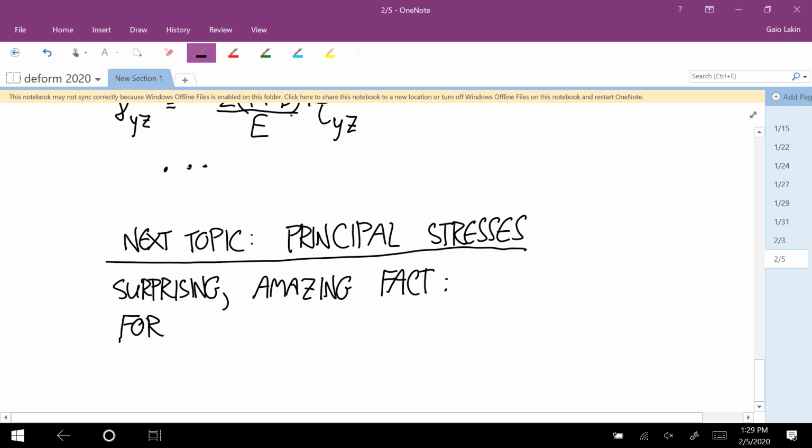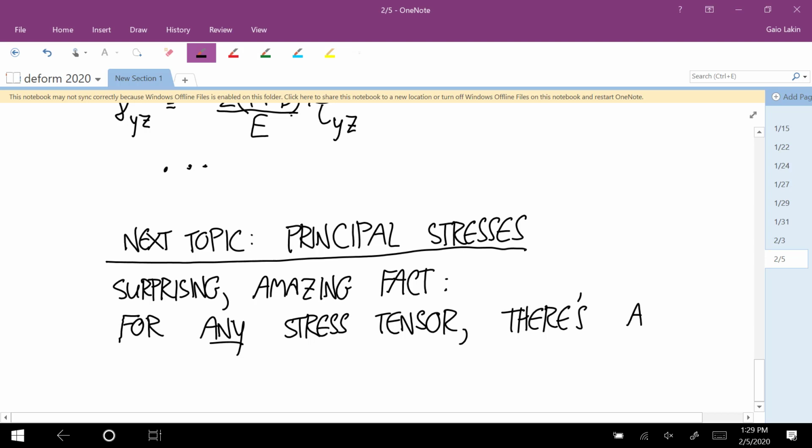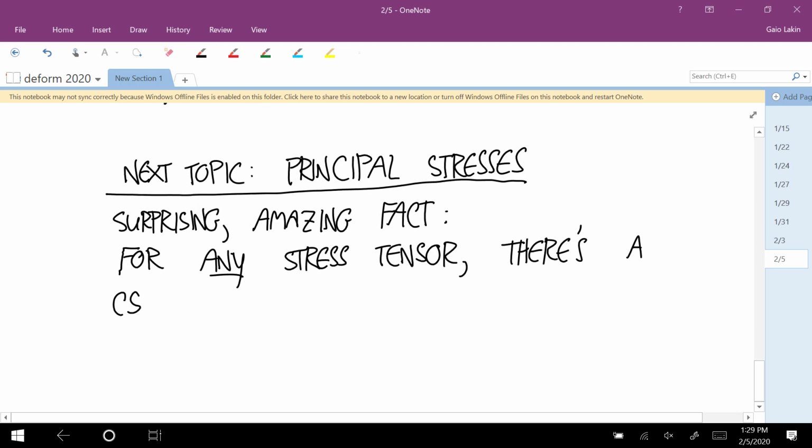For any stress tensor, there's a coordinate system where that stress shows up as only normal stresses.